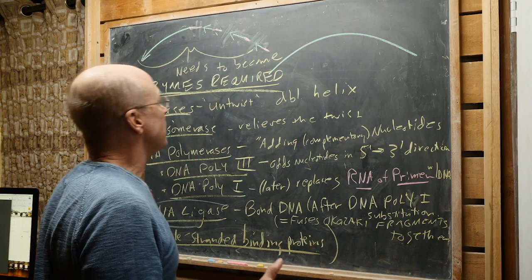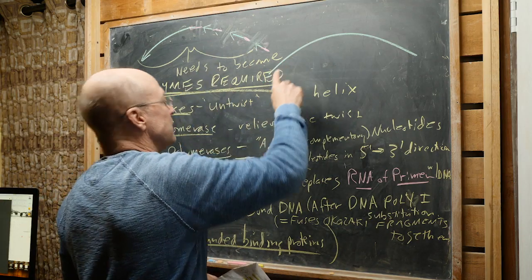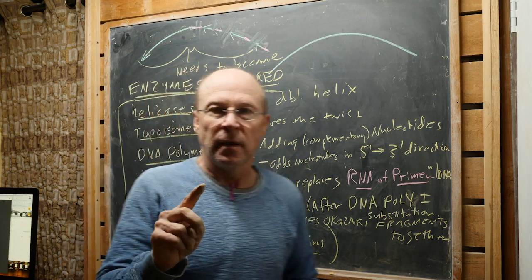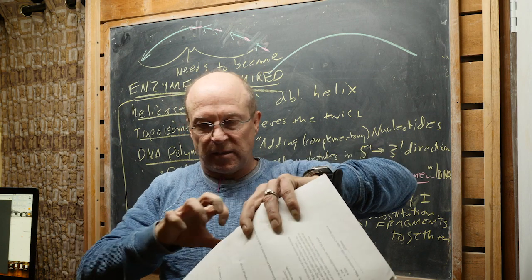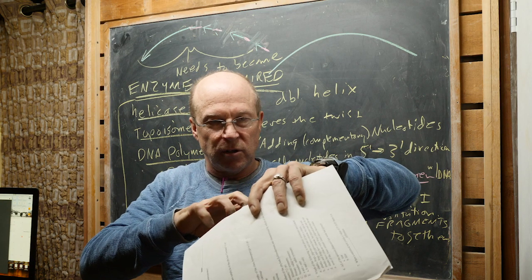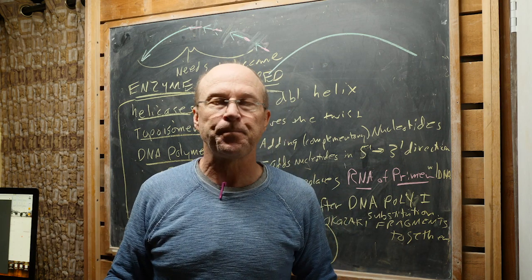The other point that I wanted to make is, every one of these things, of course, is a complementary base that's being inserted to make a double-stranded molecule that has a sugar phosphate backbone.